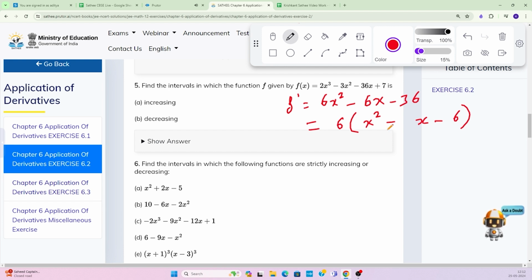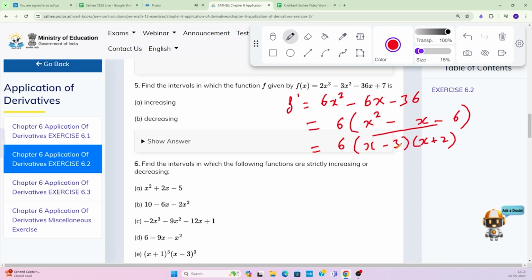Now analyze this. First of all, find the factorized form. If you can find it directly, I think it will be x minus 3 multiplied with x plus 2.